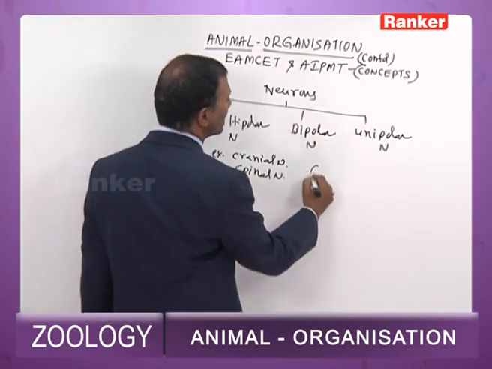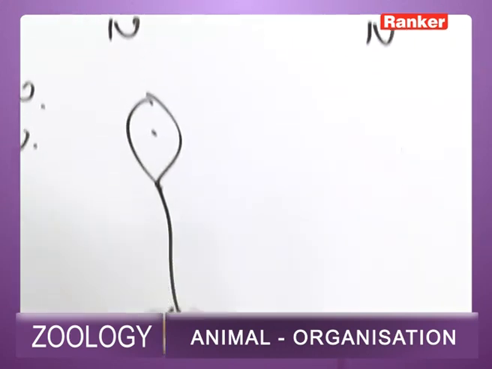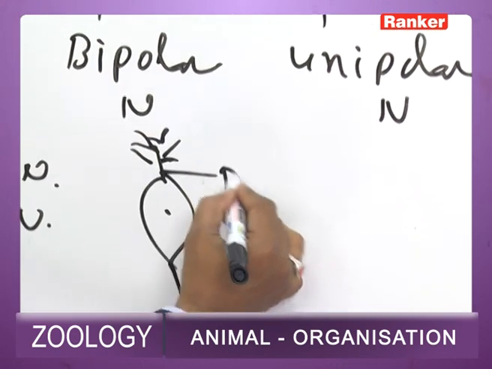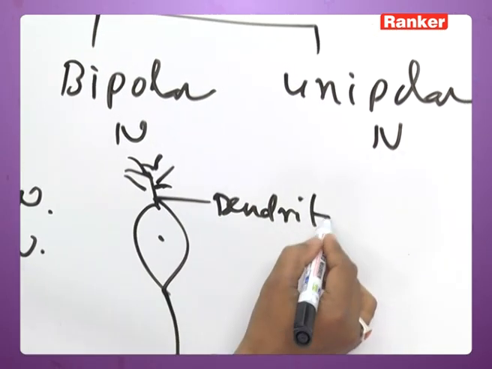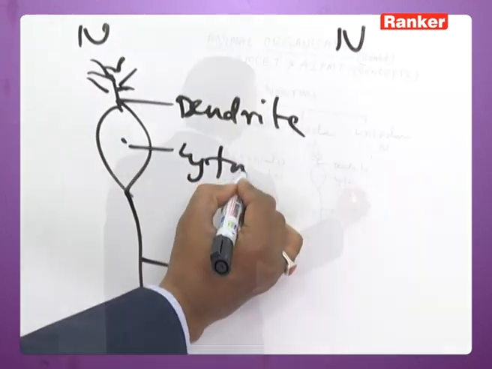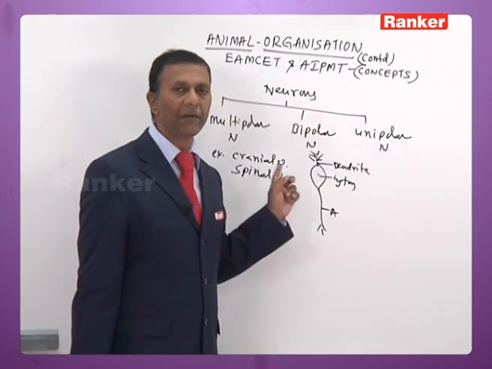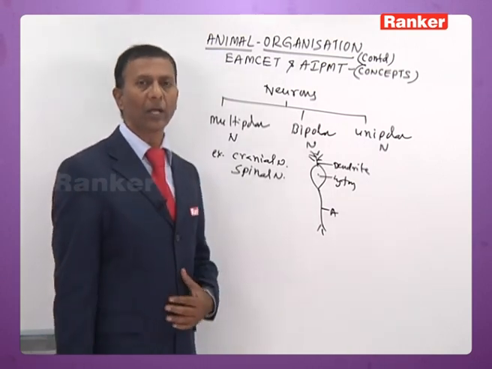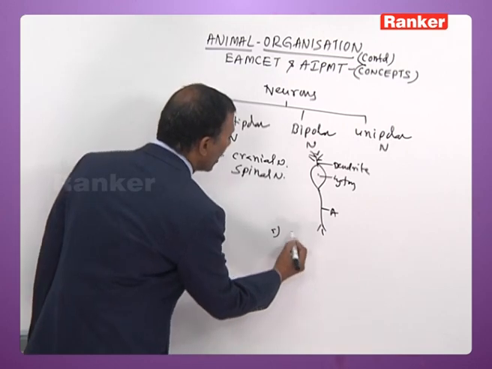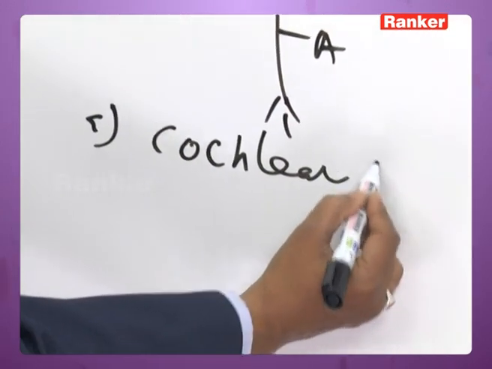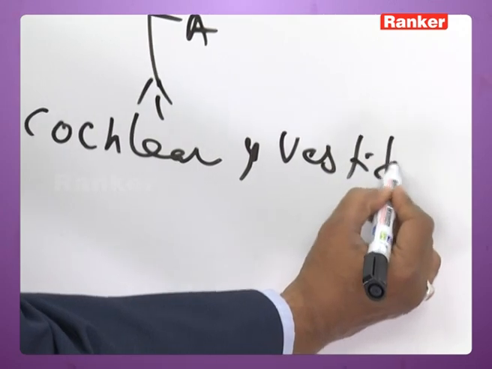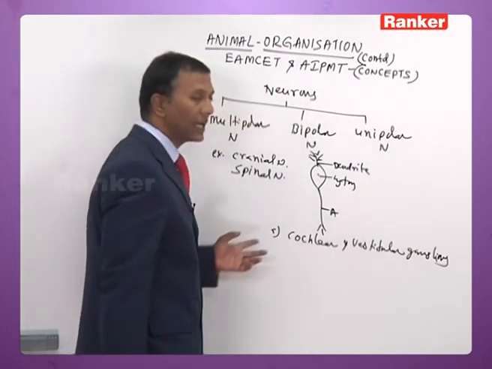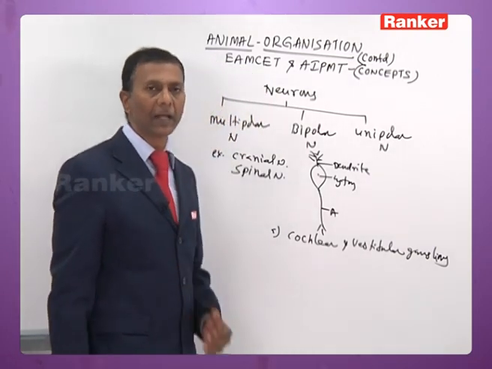Bipolar neurons: the cyton gives rise to a single axon and a single dendrite which is highly branched. Such neurons are called bipolar neurons. Bipolar neurons are present in cochlear and vestibular ganglions of the internal ear.